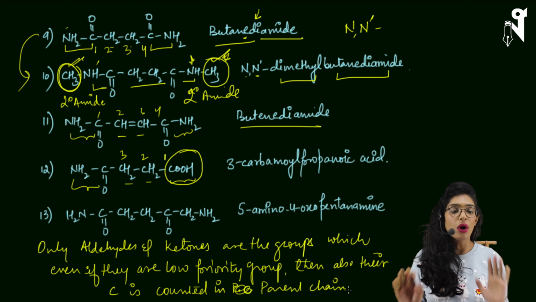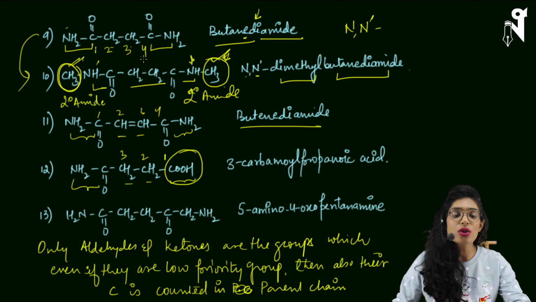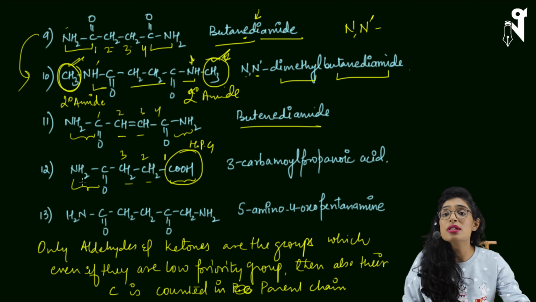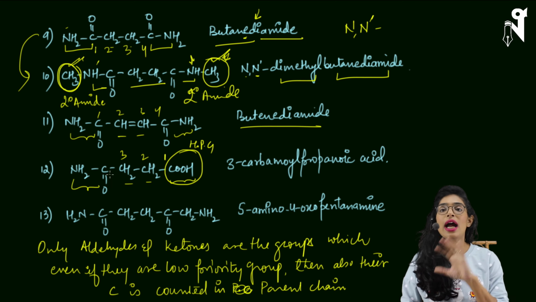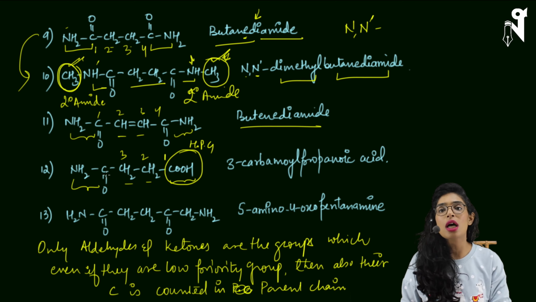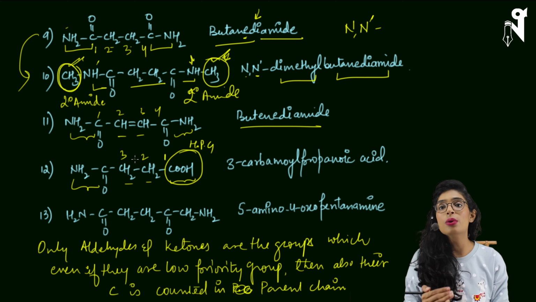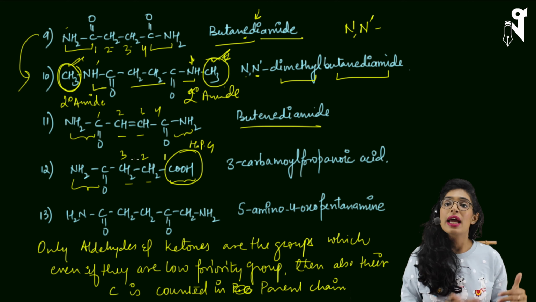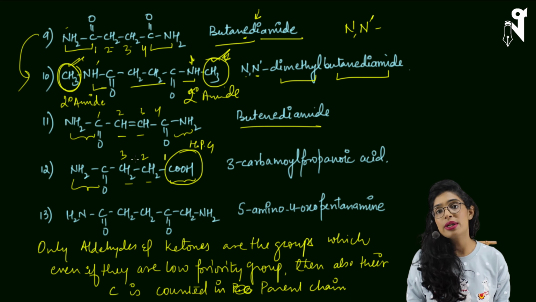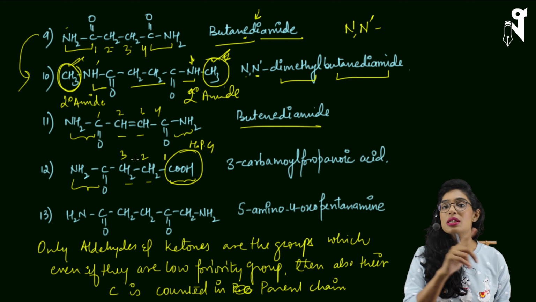So here we understand that COOH is the higher priority group, or senior group, and CONH2 is a low priority group. Till now, when we had only CONH2, we were counting the carbon of CONH2 in the principal carbon chain. But now CONH2 is a lower priority group, or you can say a prefix, and hence we will not count its carbon while marking the principal carbon chain.